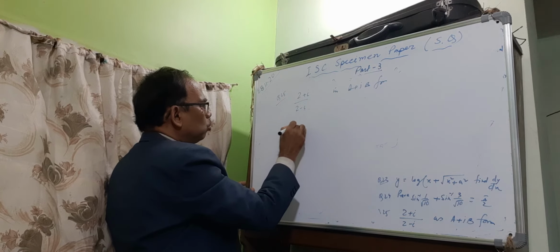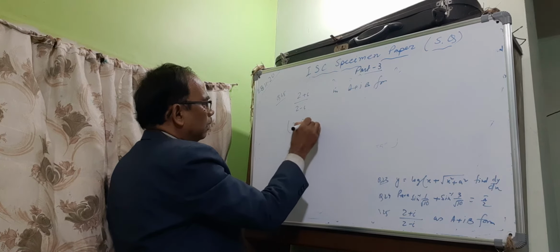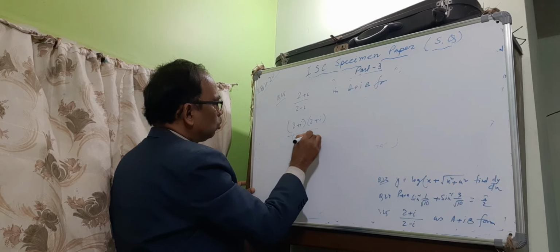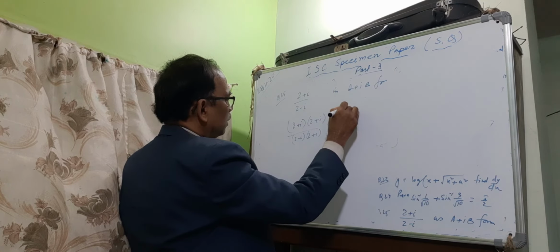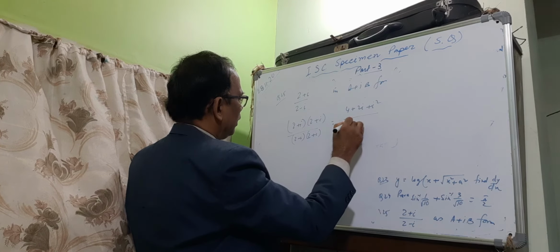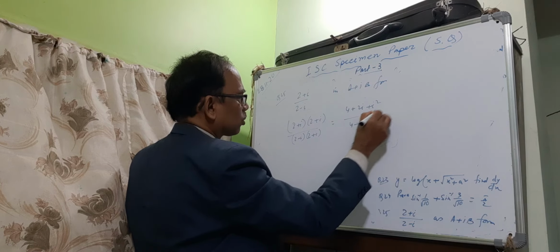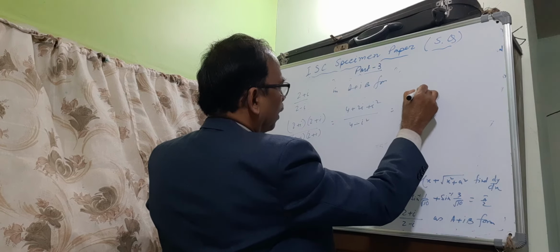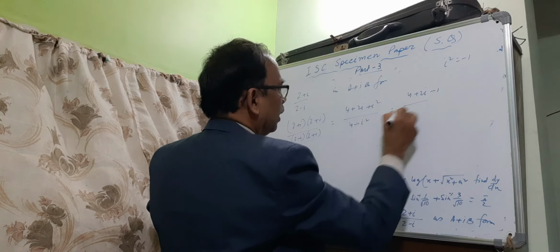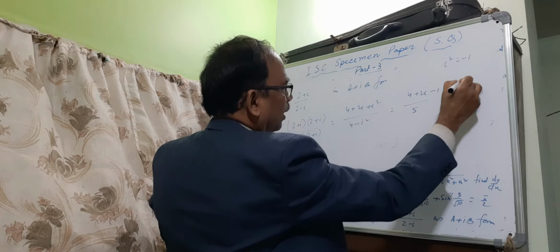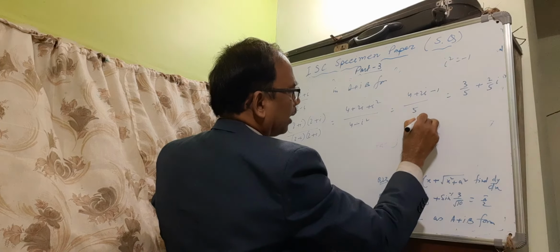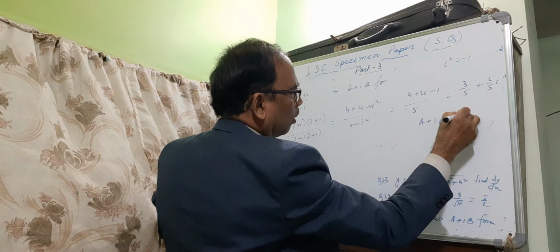Now rationalizing: multiply by 2 plus i, 2 plus i into 2 plus i over 2 minus i into 2 plus i, that is 4 plus 2i plus i square over 4 minus i square, that is 4 plus 2i minus 1, since i square value is minus 1, over 5, that is 3 by 5 plus 2 by 5 i, that is a plus ib form.